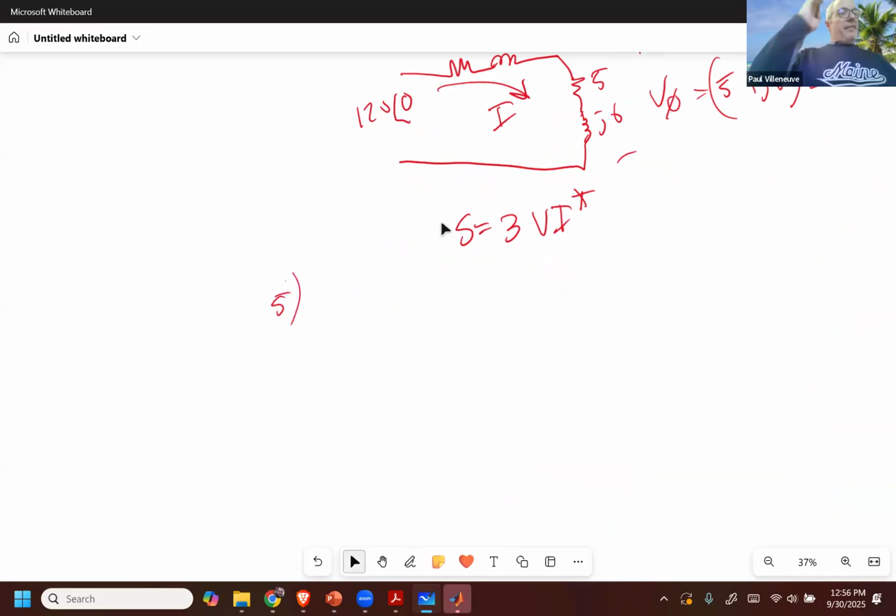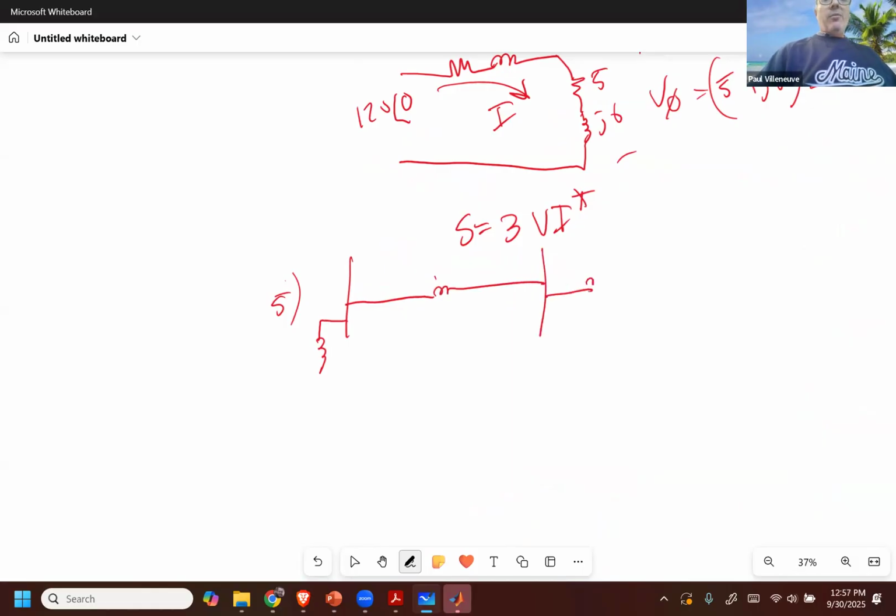So number 5, and I'm not even going to bother showing the current sources because they actually don't have anything to do with it, because we're calculating an impedance diagram.